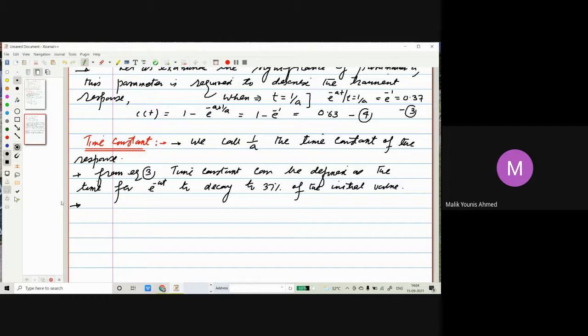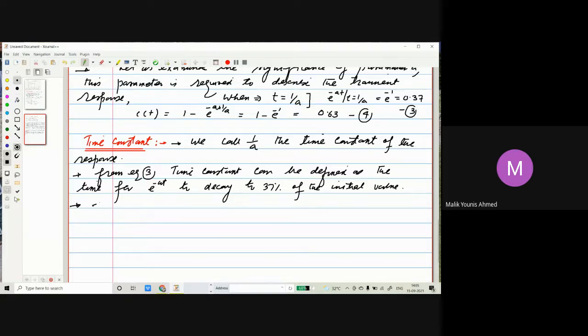Next, from equation number 4, I can describe the time constant alternatively: the time constant is the time it takes for the step response to rise to 63% of its final value.